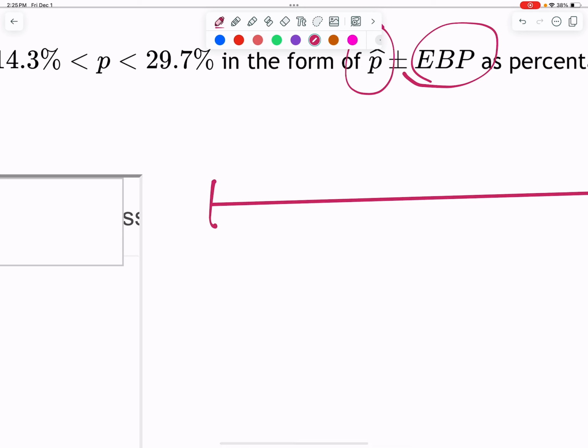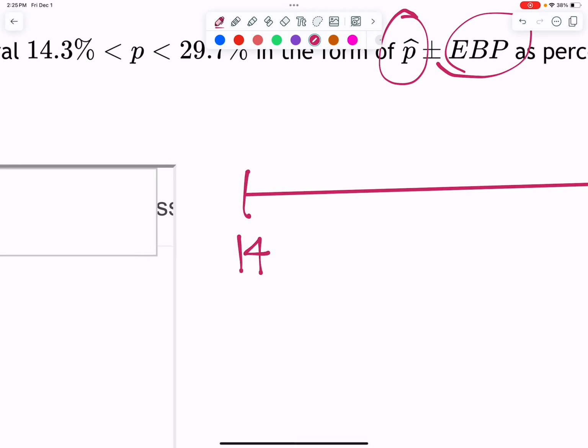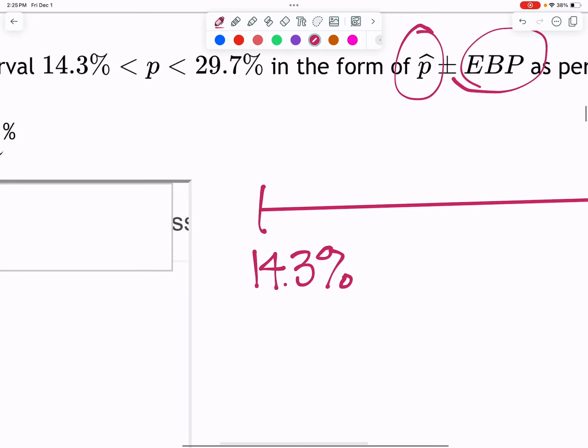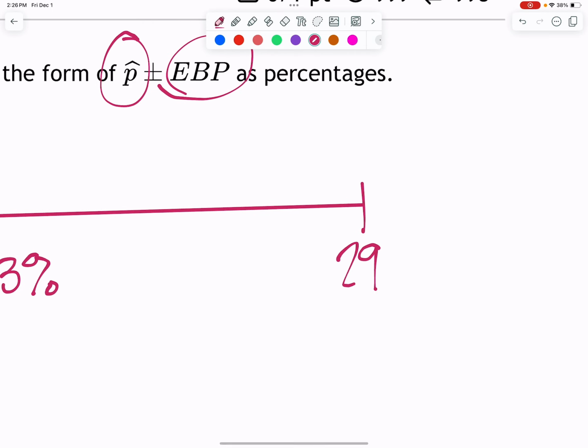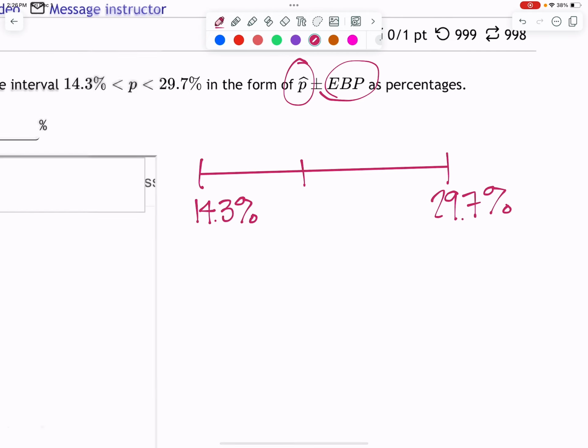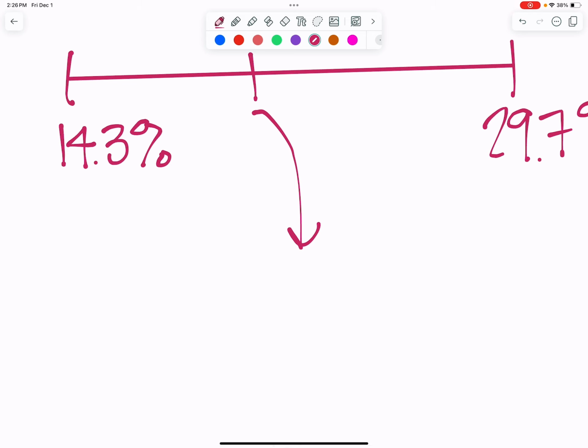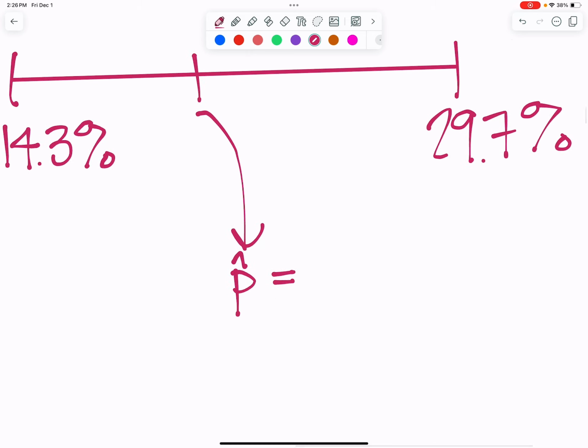I have a lower bound of 14.3%. I've got an upper bound of 29.7. I need to find the middle. The middle is going to be the average of the bounds, so I'm going to average 29.7 and 14.3.